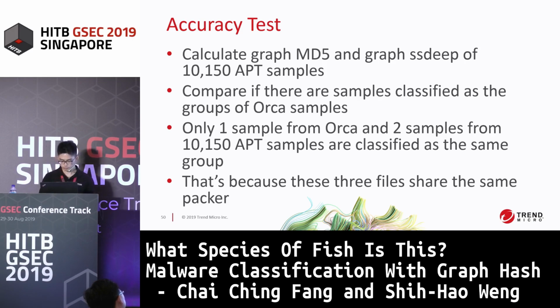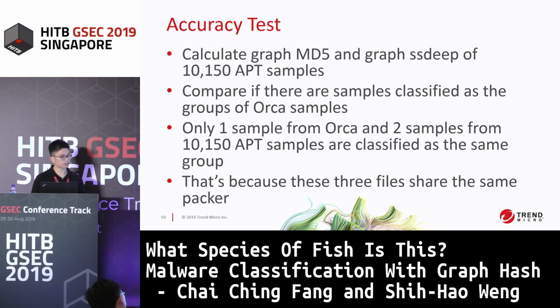And we compare if there are samples classified as the group of OCA samples. So it means if a lot of other APT samples are grouping with OCA group, the accuracy of the graph hash is low. If not, the accuracy is good.